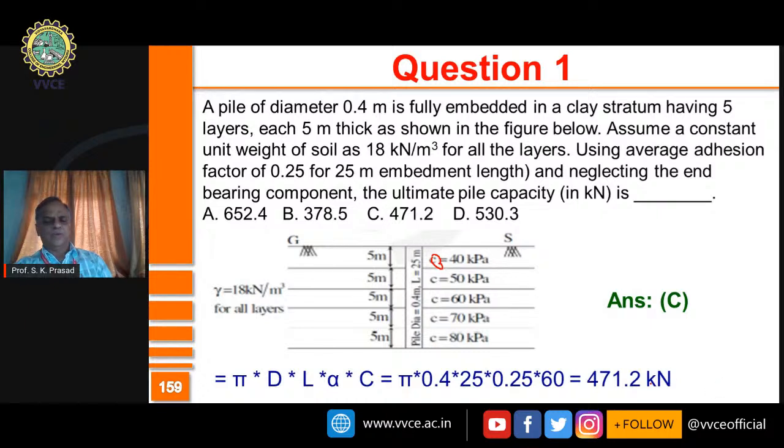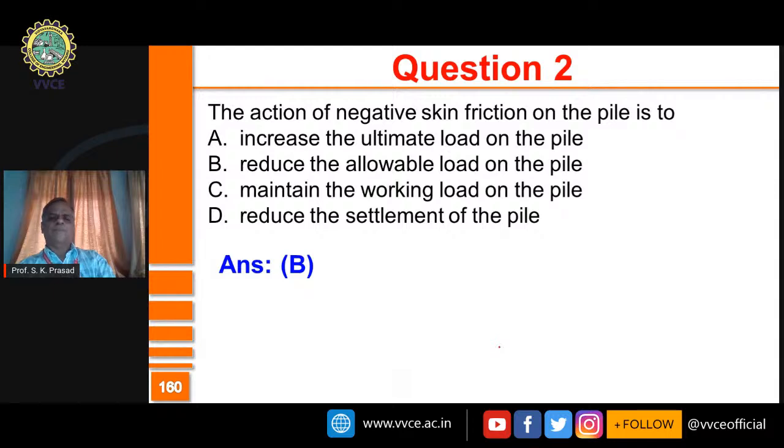And from that you get the capacity as 471.2 kilonewtons. So it is just cumulative. For every 5 meters, you find out depending on the cohesion. Maybe friends, it's already time. Therefore, we'll quickly go through the next few questions.